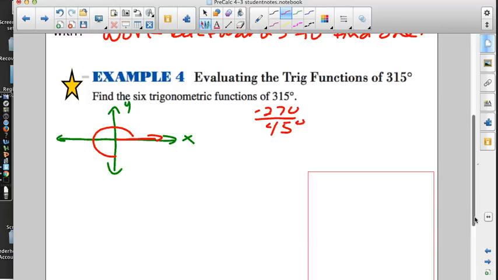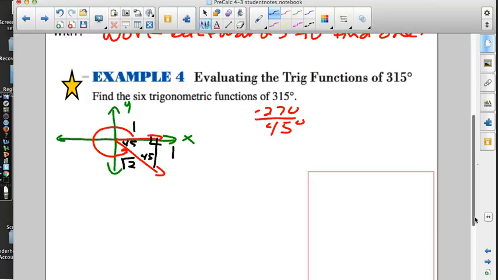And the light bulb comes on and we say, oh, look at that. If I draw this triangle right here, this is going to be a 45, 45, 90 triangle. And I know what's supposed to go on 45, 45, 90s. 1, 1, square root of 2. Except I'm not in quadrant 1.